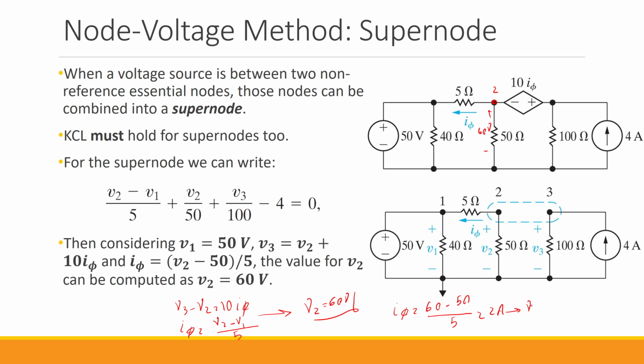That makes V3 to be V2 plus 10 I phi, 60 plus 20 equals 80 volts. So this is how we can use supernodes to simplify our circuit too. But again, keep in mind that to be able to use a supernode, you should have a voltage source connected between two non-reference essential nodes, right?